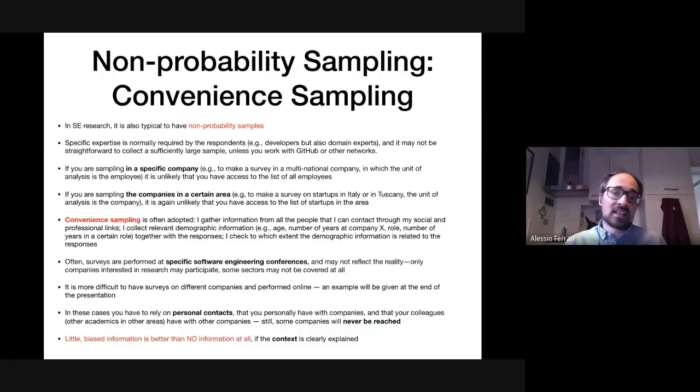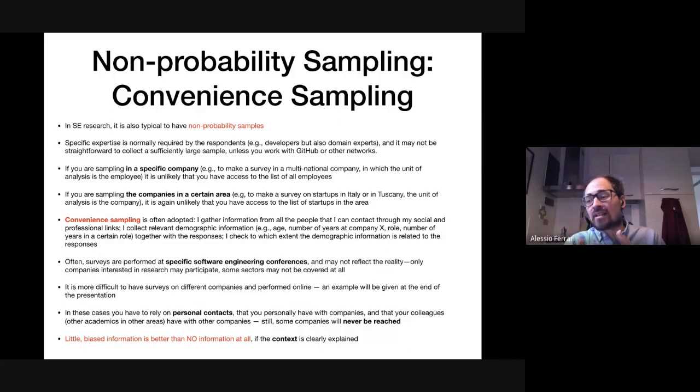The important thing is that you collect some demographic information together with your responses, so that you are allowed to say something about what type of population your answers represent. Because in this case, instead of starting with a very well-defined population, here basically you are surveying some subjects, and then you infer what is your scope of validity, basically.